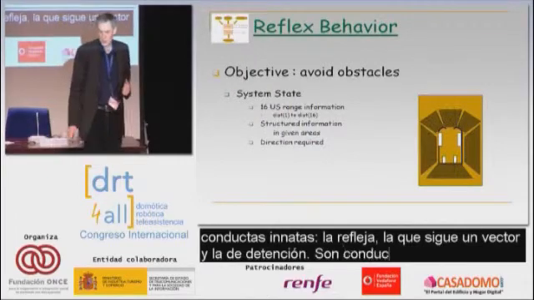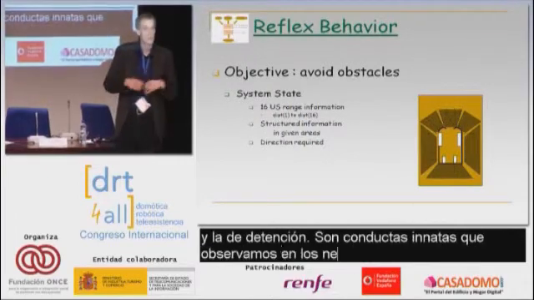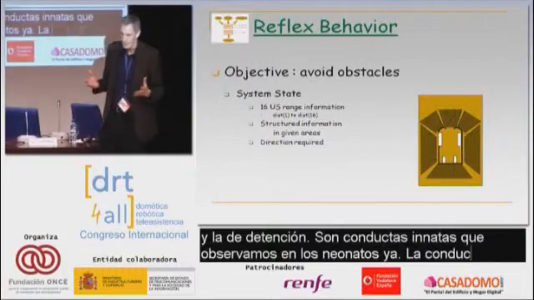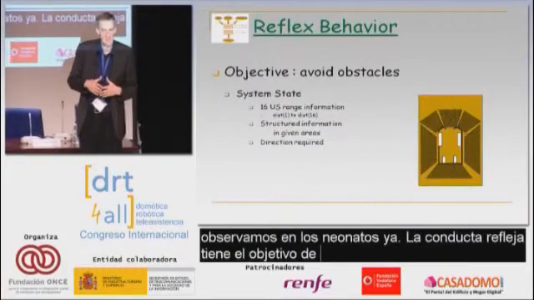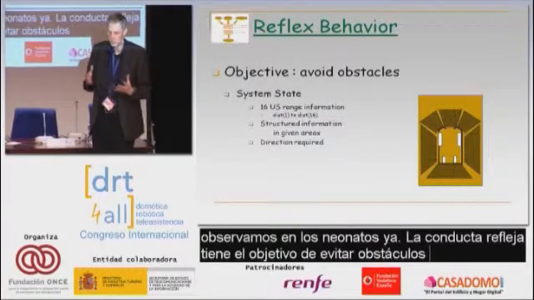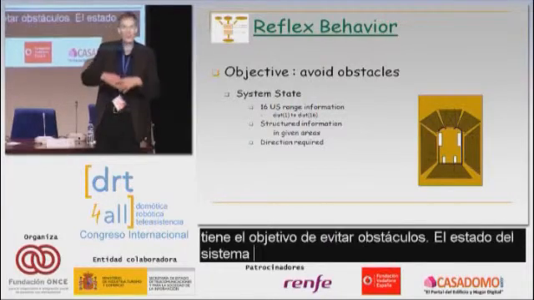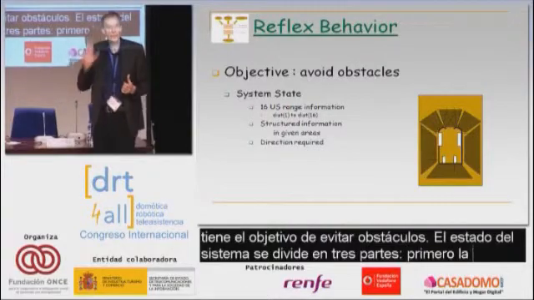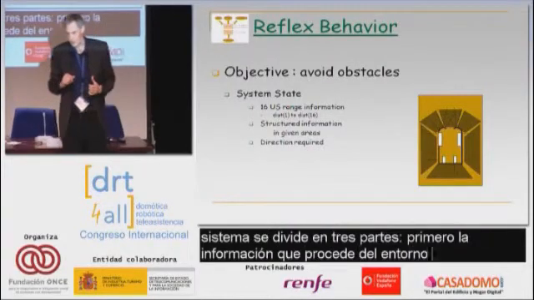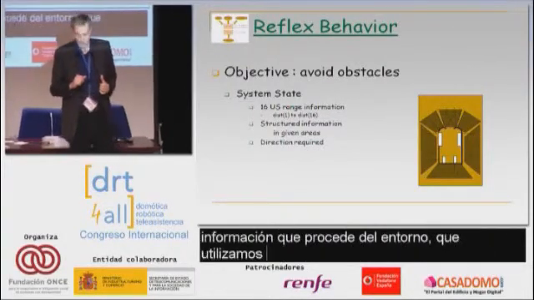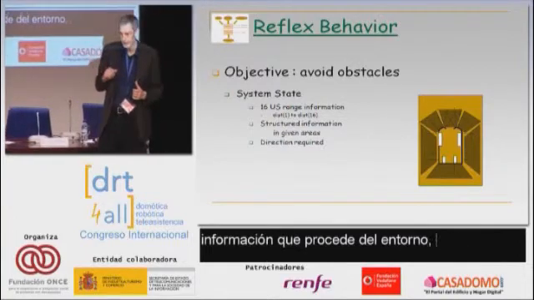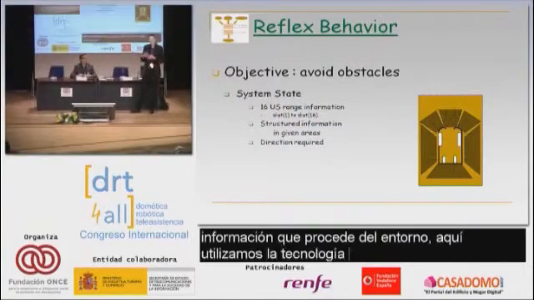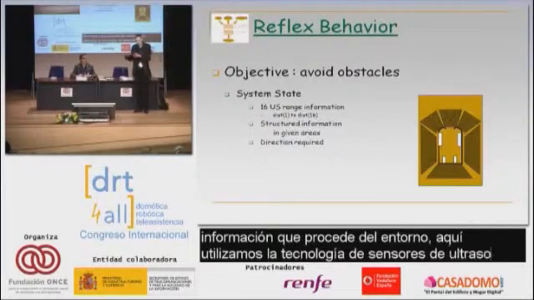The reflex behavior, the objective of this behavior is to avoid obstacles. So system states are in 3 points. First, information coming from the environment. Here we use the old technology with ultrasonic range sensors, but we have implemented laser scanning, but it's the same information and can work in the same manner.